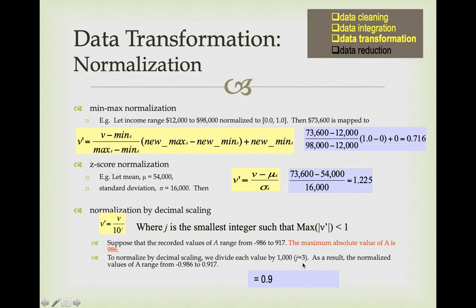J equals 3, so it will become 10 to the power of 3. So it will give this answer 0.9. Okay, it's quite tricky, and you can always check my other video. I will show you the step-by-step calculation.